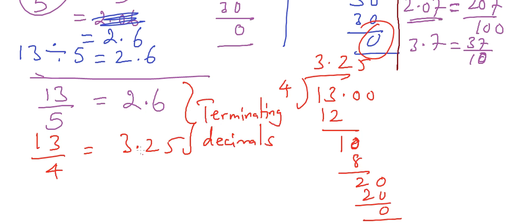That means it has a fixed number of decimal places, or after a certain decimal place the digits are 0, because 3.25 can also be written as 3.250. You can add any number of zeros, correct? So these are all terminating decimals.